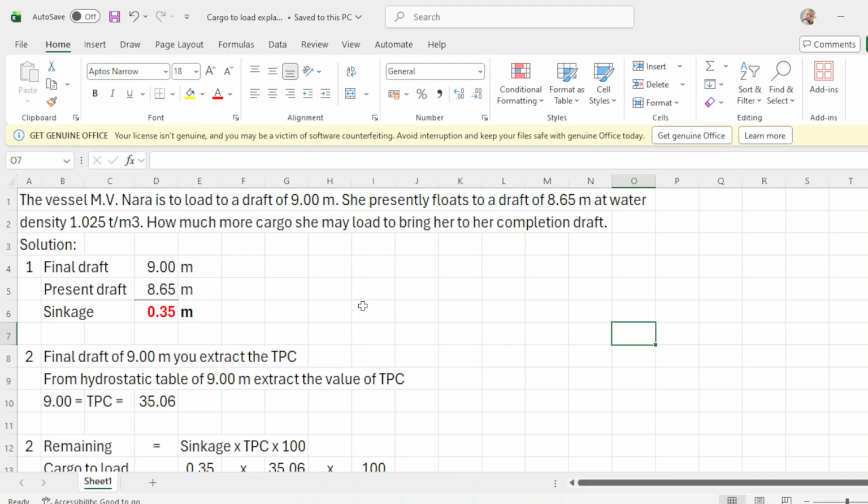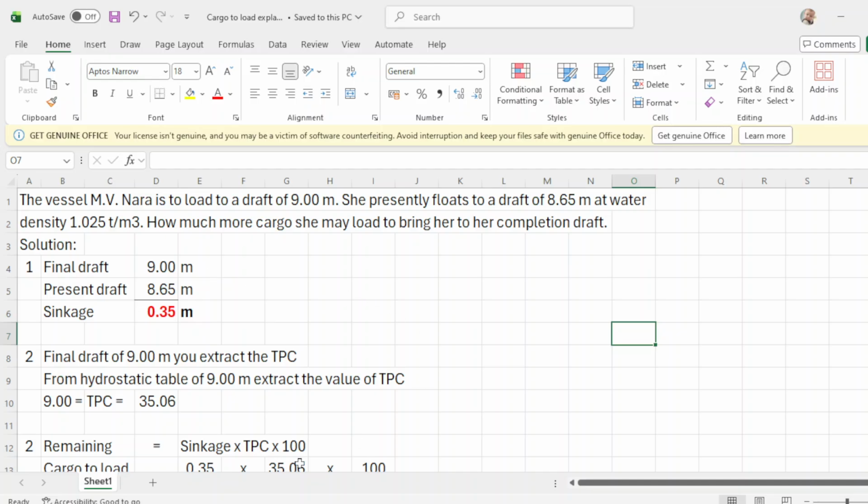So from 8.65, if you load the cargo and you reach 9 meters, that will be the sinkage that the vessel is going to accomplish. So you have to sink your vessel 0.35 meters to reach 9 meters.